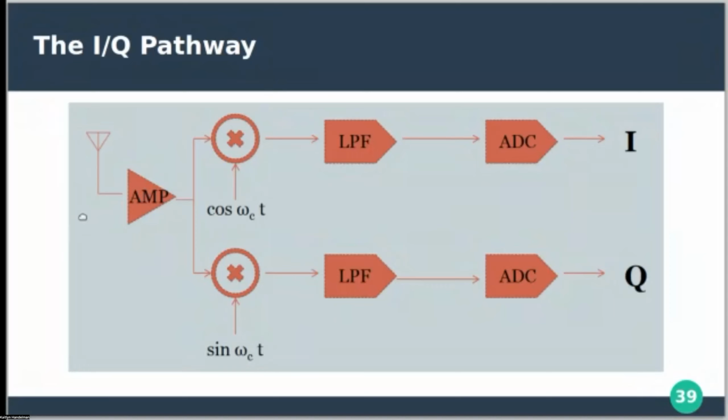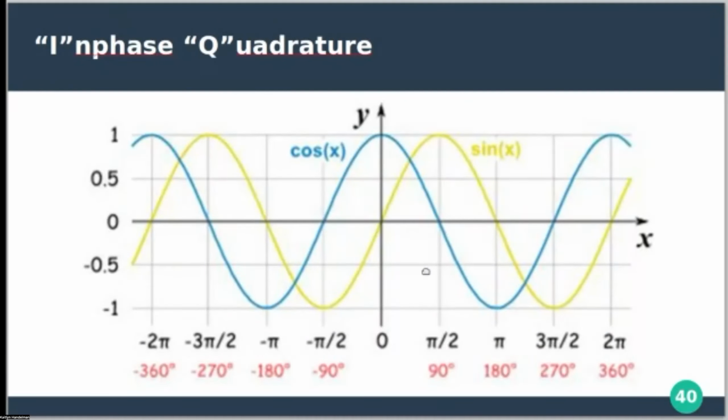Any digital electronics is doing this. They're taking an incoming signal and mixing it with a cosine and a sine wave at or slightly below the frequency they're trying to receive, to get a lower frequency signal that can be processed by your software. Cosine is in phase and sine is quadrature, 90 degrees out of phase.